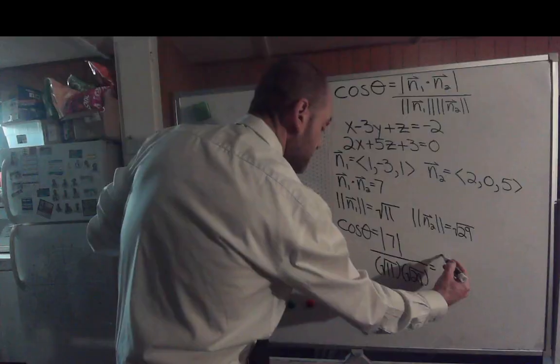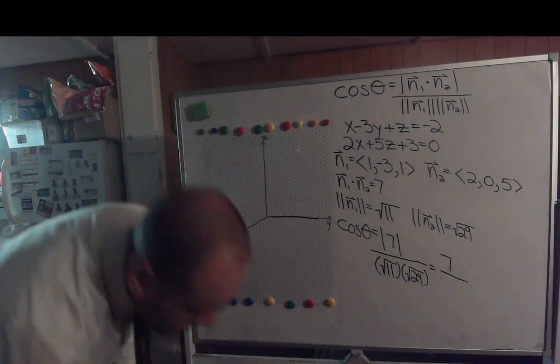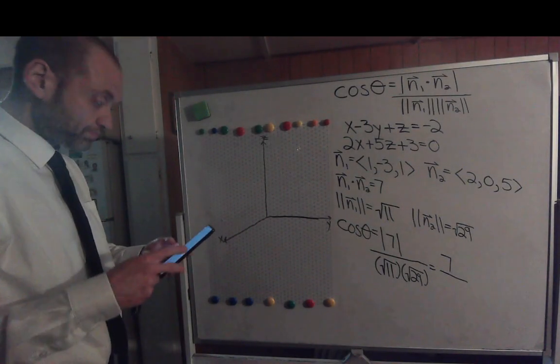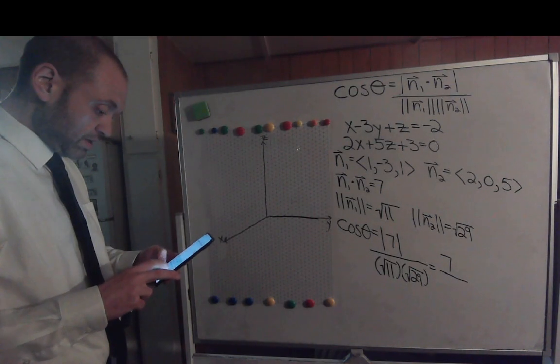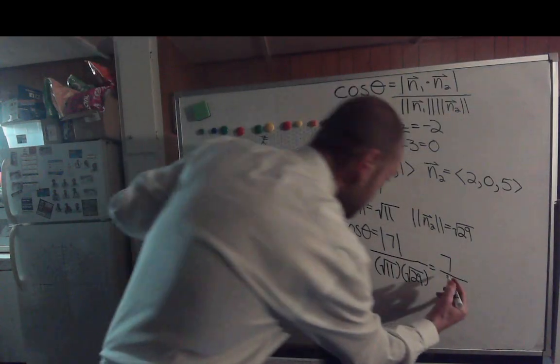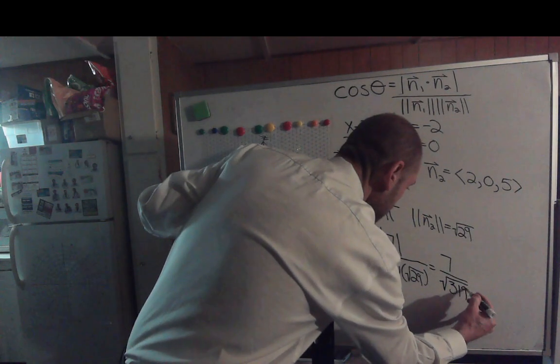Well, that's going to equal 7 all over whatever that product is in the denominator. We'll find out. That's 319. So that would be 7 divided by the square root of 319.